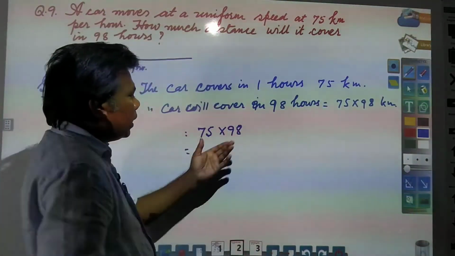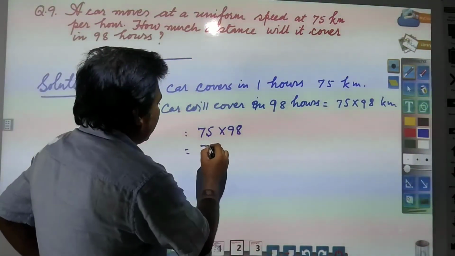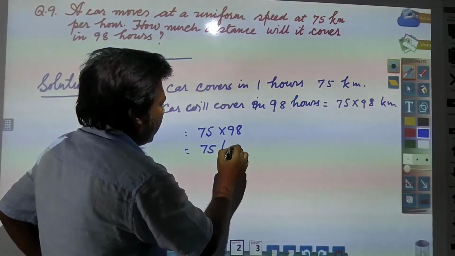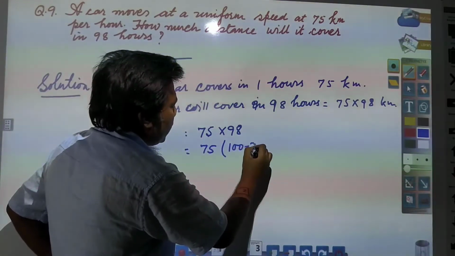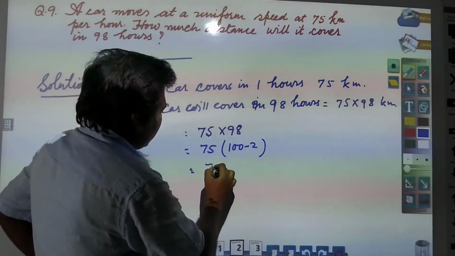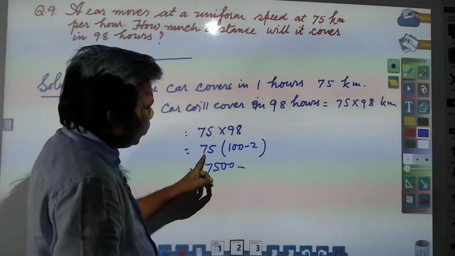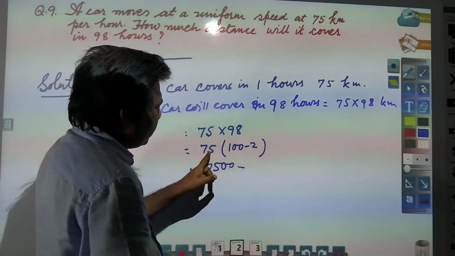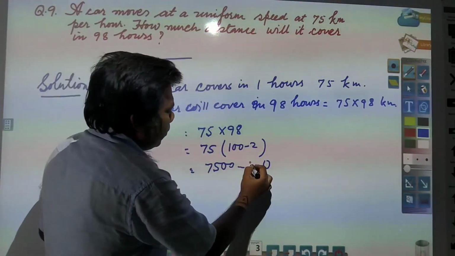It can be directly multiplied and the answer found, but we can write 75 into, because of the distributive law you know, 100 minus 2. Multiply 75 into 100, which is 7500, minus 75 into 2. 2 fives are 10, 2 sevens are 14, and 1 is 15.